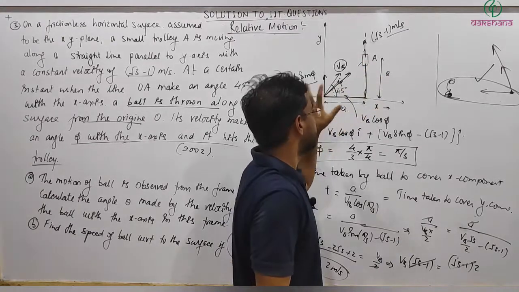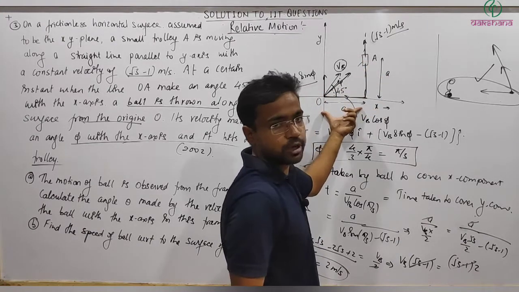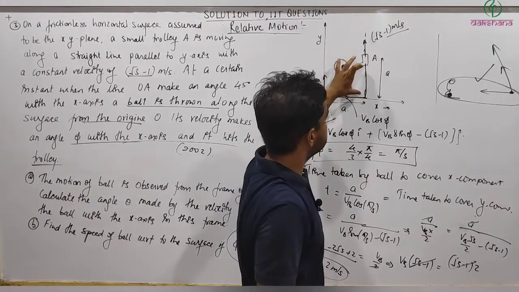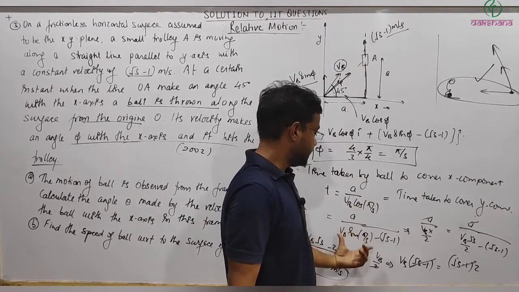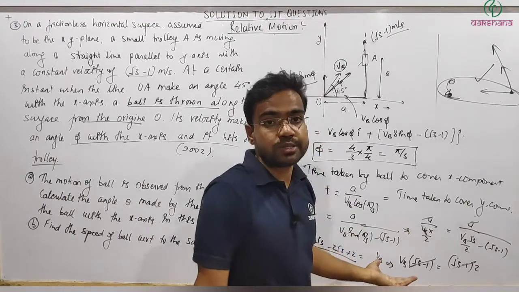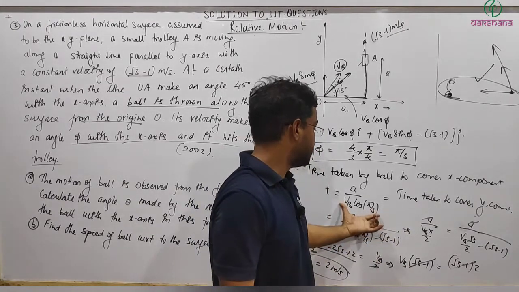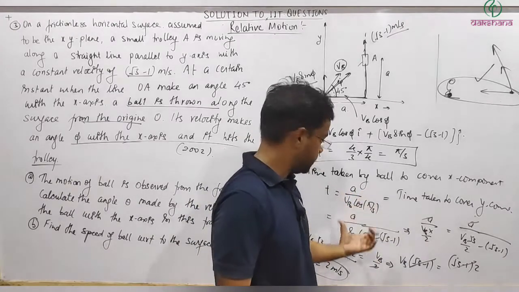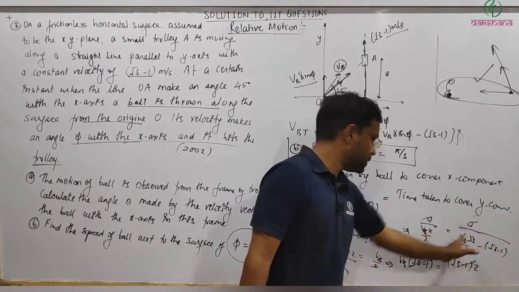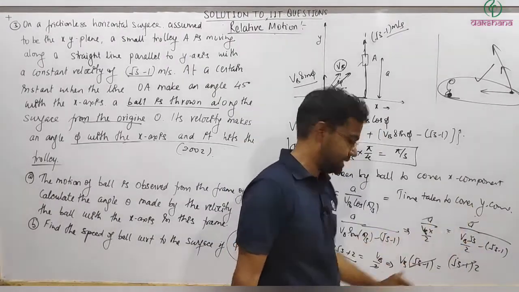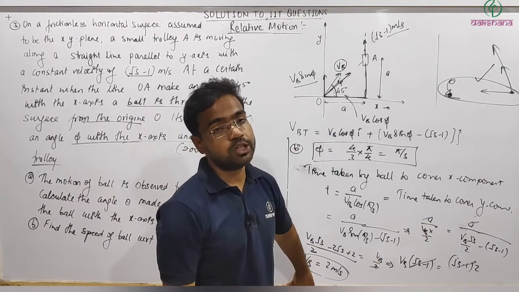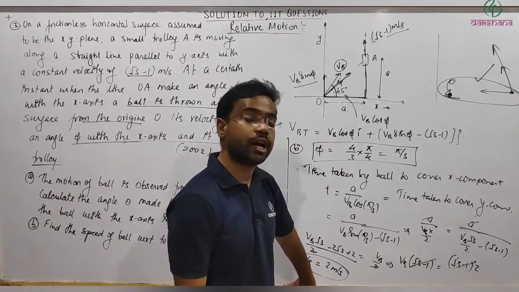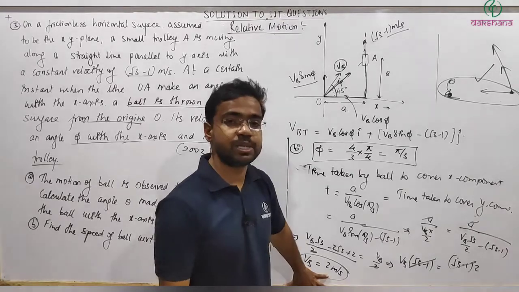So by the time the ball covers the x component of the distance, it must cover this separation y component also. So I calculated the time and just equated that, because in the same time it is going to hit me. A is simply getting cancelled out, and solving it, we get the speed of the ball in the ground frame, that comes out to be 2 meter per second.